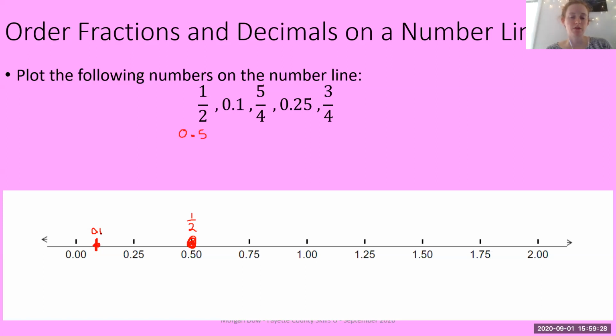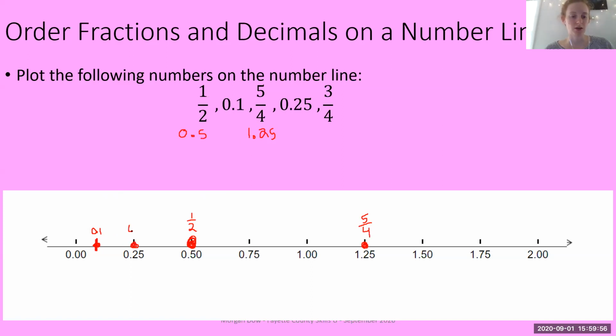All right, next number, 5/4. What was 5/4 equal to? It was equal to 1.25. So I can go right ahead and plot that on my number line. Put a point right here, and we'll make it clear that that is also 5/4. Next up, we've got 0.25. That's going to be easy to put on our number line right here.